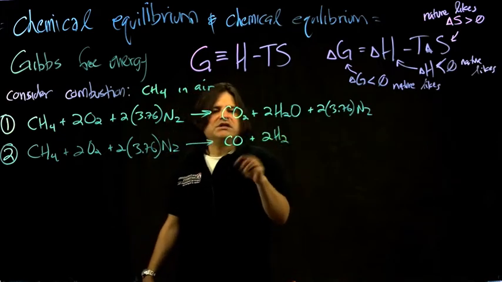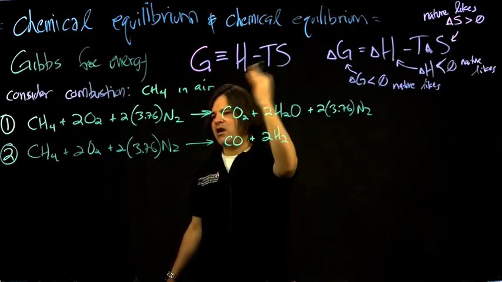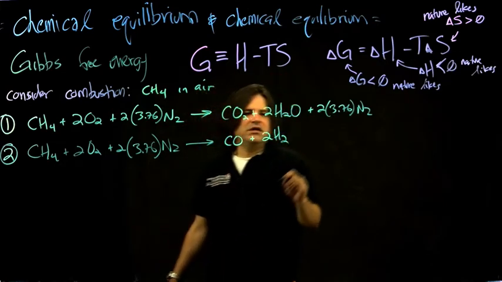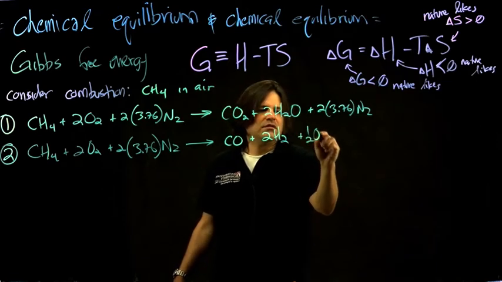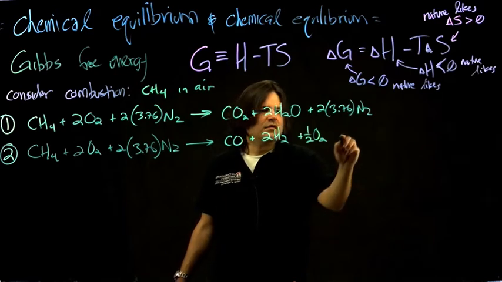Instead, you would form CO and hydrogen molecule instead of hydrogen oxide. That would leave you with 1 oxygen left. So if we balance that, it's 1.5, and then the nitrogen.